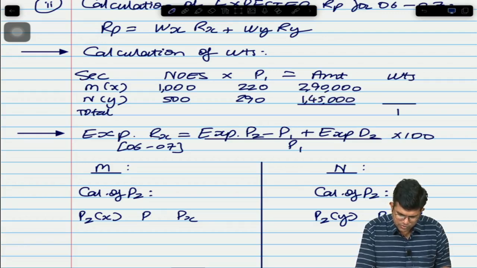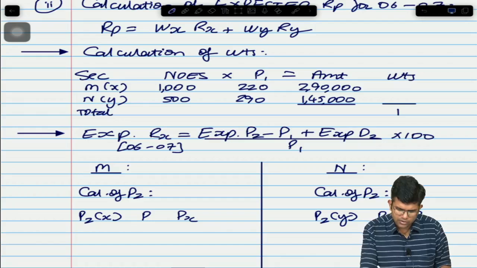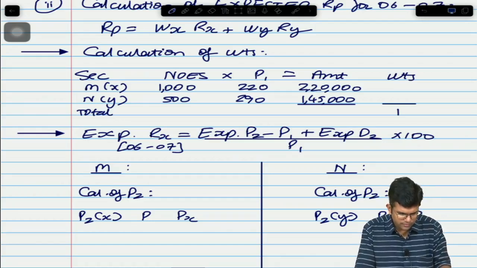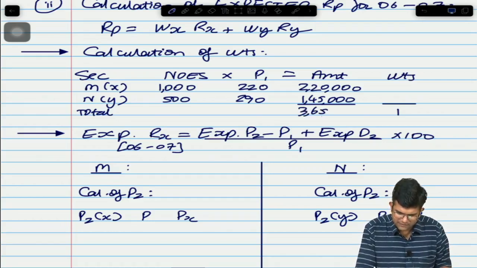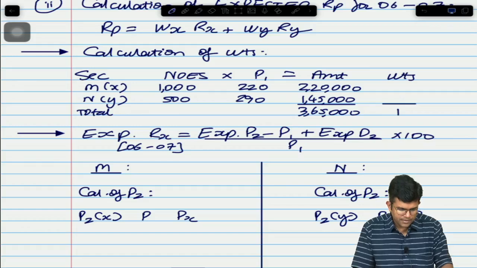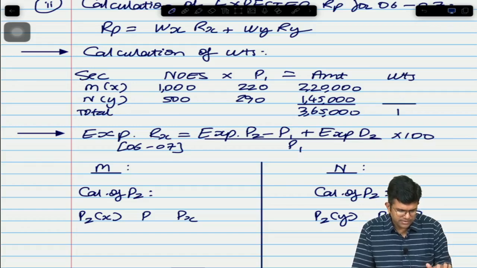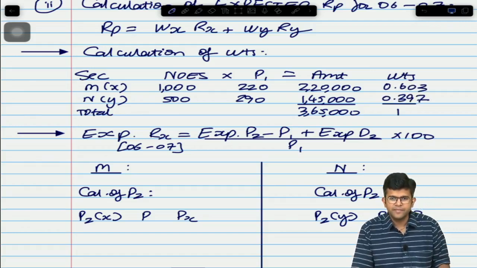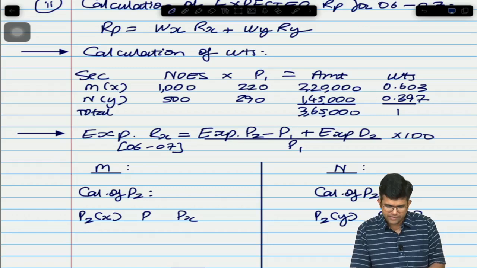And this comes to 4,35,000. Sorry, this is 220. I'm so sorry. Okay. 3,65,000. Then 220 divided by 365. 0.603, 0.397. Please confirm 603, 397.